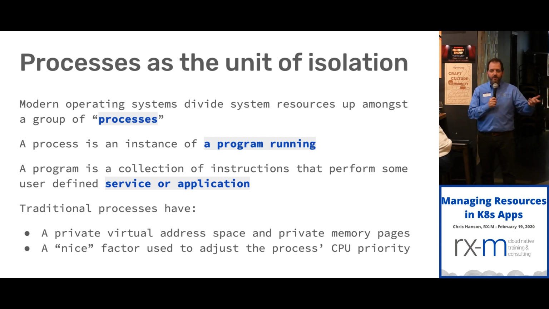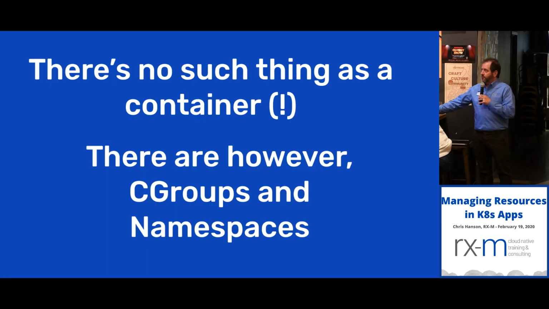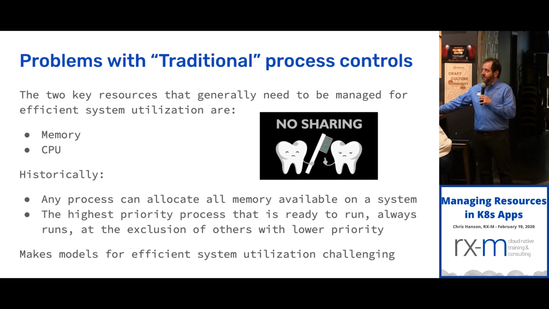In our case, with our demo application, it's not very complex, but obviously in reality we have very complex things happening to provide functionality through a microservice. And so these processes on our Linux hosts have a private virtual address space and a nice factor for allocating their access to the CPU.